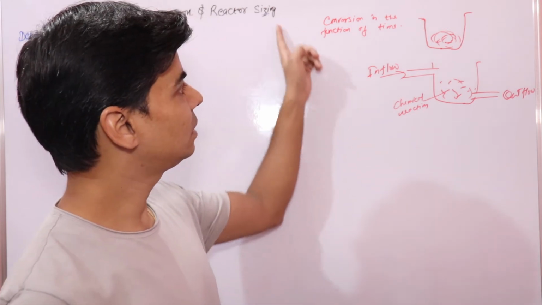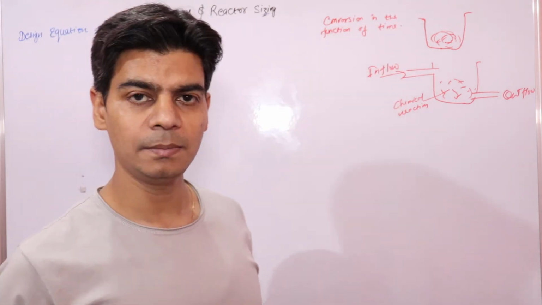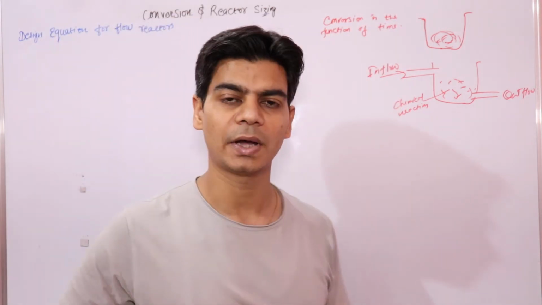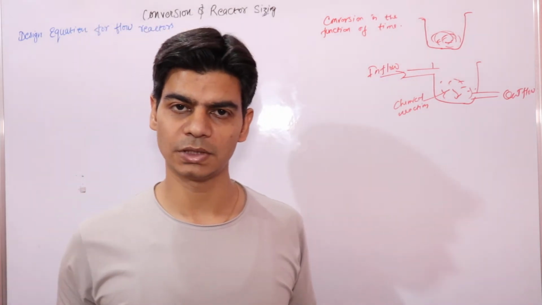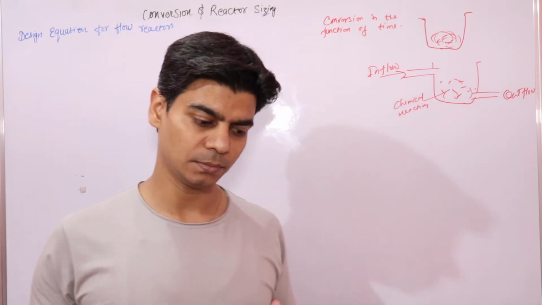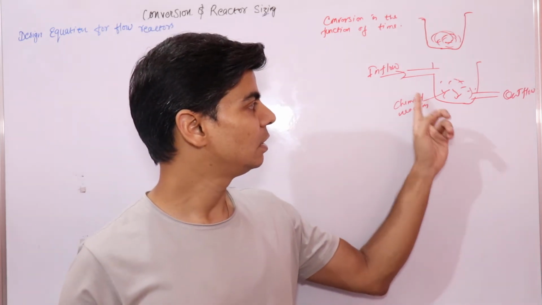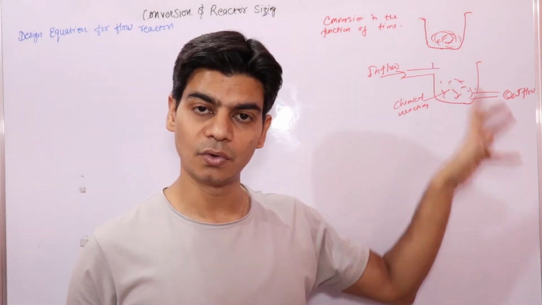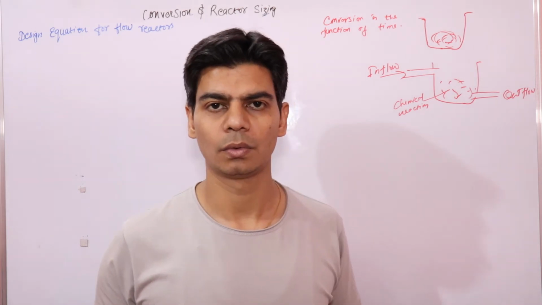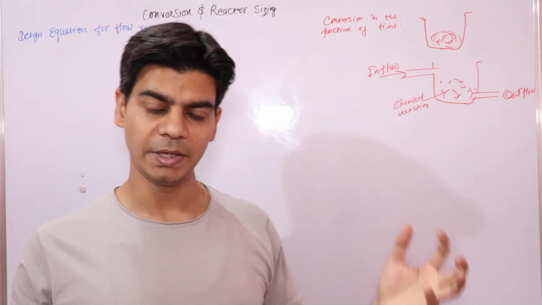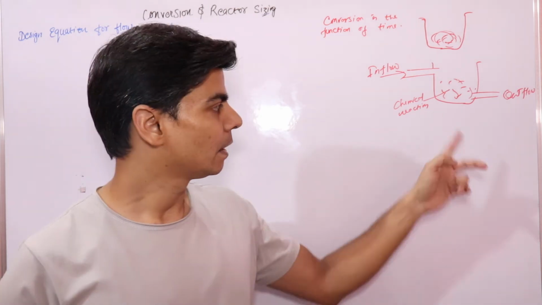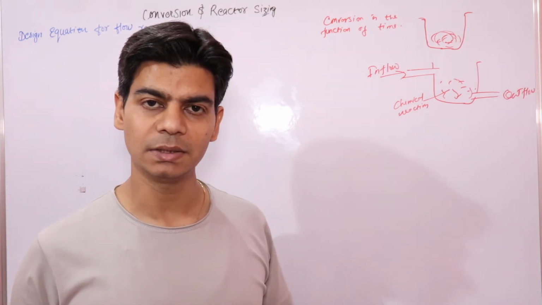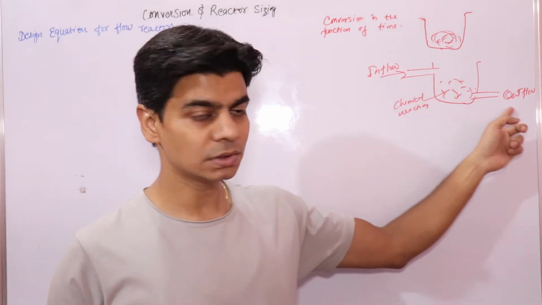Since here we said conversion is a function of time, here also we need to look for a similar relation for the conversion. If we want to increase conversion in the flow reactor, what can we do? In the batch reactor we left the reactants for a longer period of time, so conversion increased. But here we cannot leave the reactants because this is a continuous flow system.